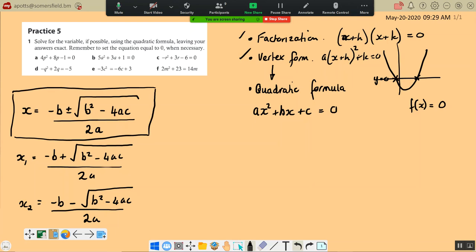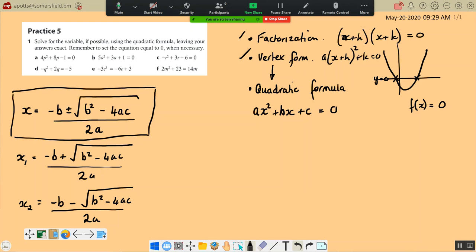Do you all know how to use it? I think I need a little bit. Okay. Do you all know what the a, the b, and the c are in it? Well, I'll tell you what, I'm going to pick one of these examples from practice 5 that you're going to work on.